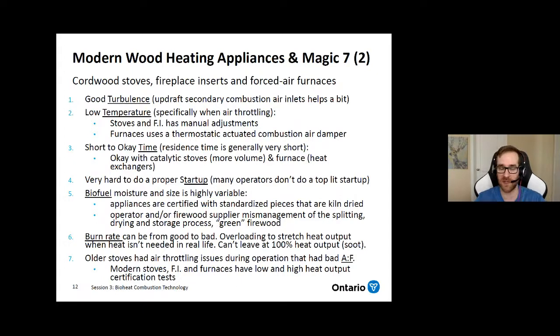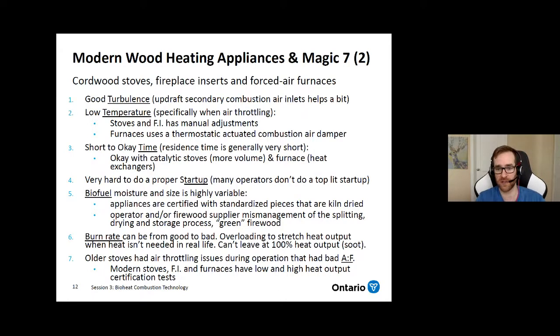Sometimes it's just pipes with little holes, and you'll see the flame coming back out. They do help with the turbulence. The temperature is typically low, so that's a design concept. We're going to touch on the burn rate a little bit later. It's typically for stoves, fireplace inserts, and forced air furnaces that people would reload, let the temperature go up, and then walk away.